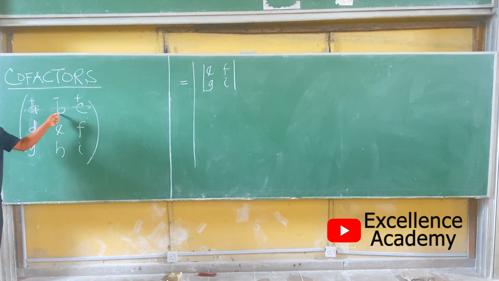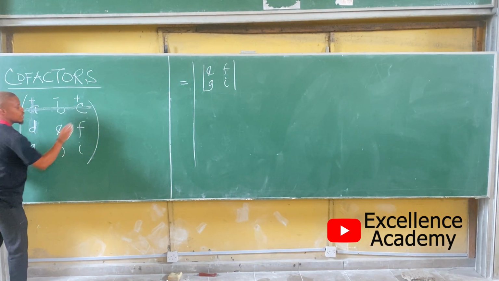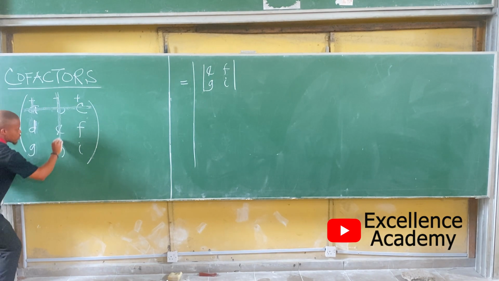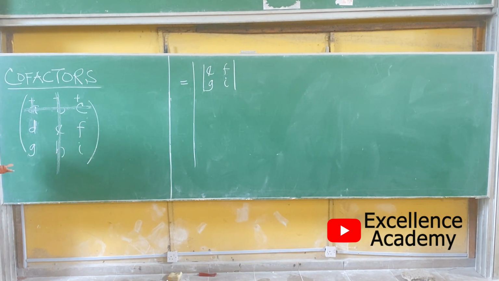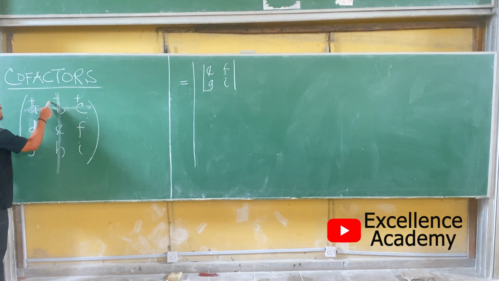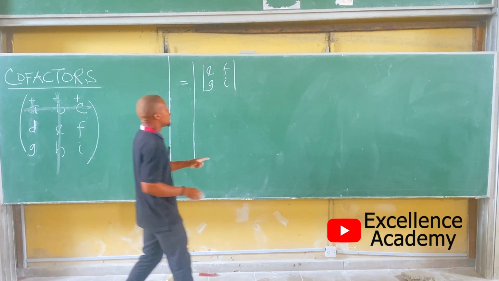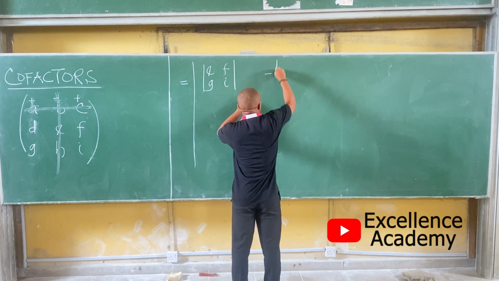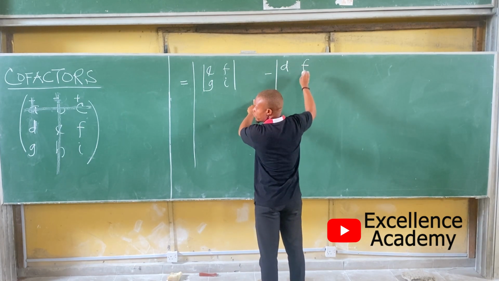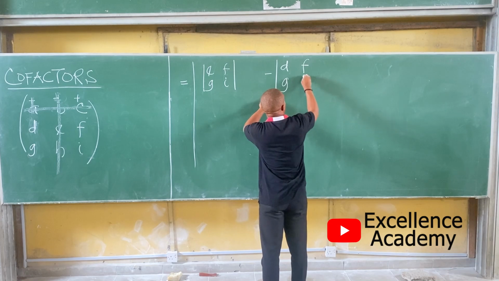Close the row on which B appears and close the column on which B appears. So what elements are left? D, F, G, and I. And mind you, you are having a negative sign there. So what do we have? A negative D, F, G, and I.